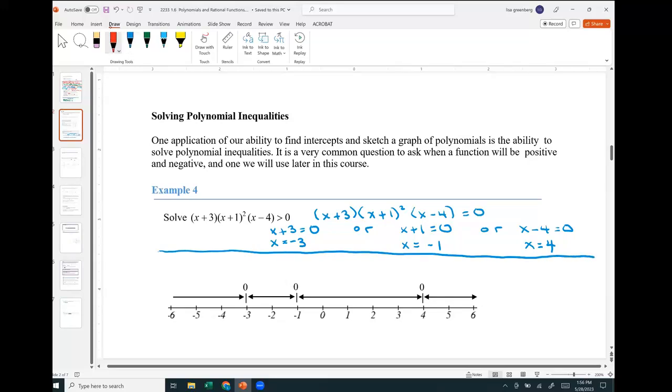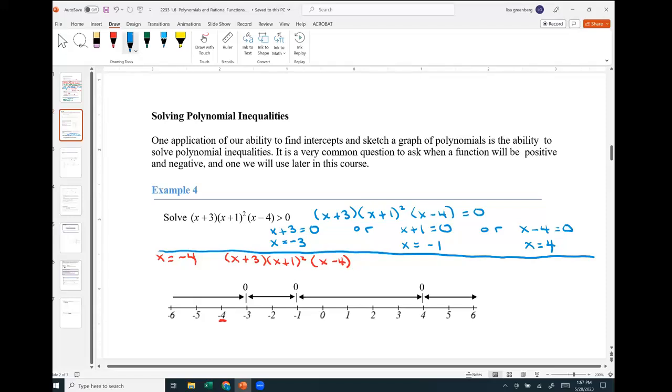What I do is I say, we have to pick a number in each interval. So let's pick -4 for this interval. Okay. So if I have x equals -4, and I'm going to plug it in to x plus 3 times x plus 1 squared times x minus 4. Well, I don't really care what the value is. I really just want to know if it's positive or negative.